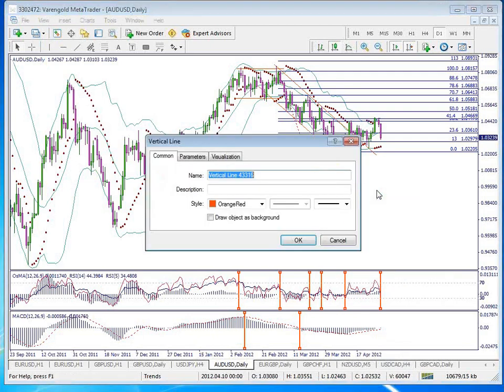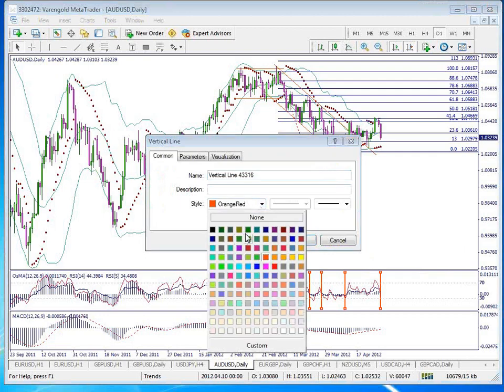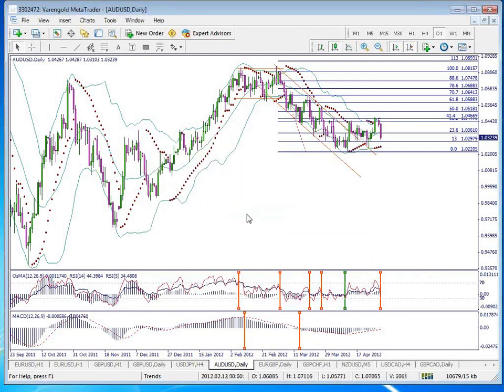I will mark it with green color, and I will also put the confirmation of the signal that we receive on MACD with green color.